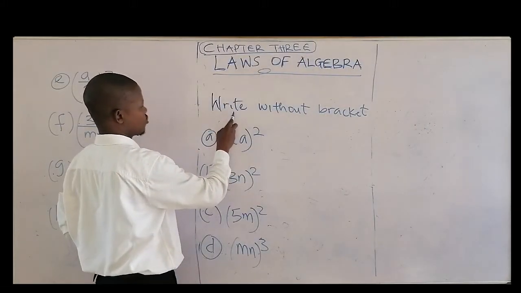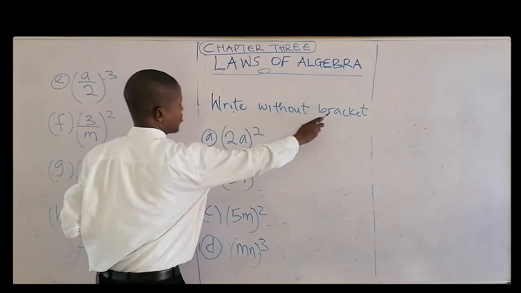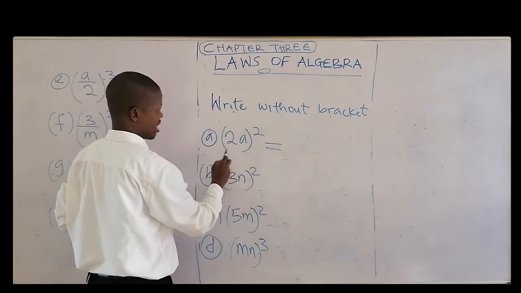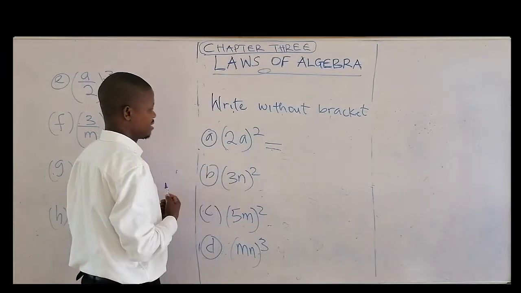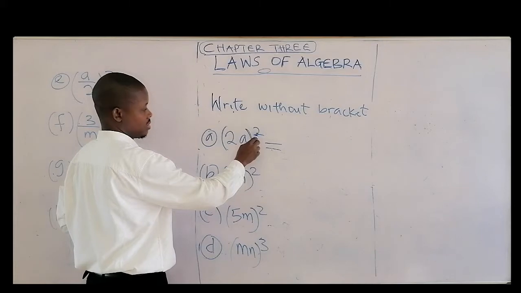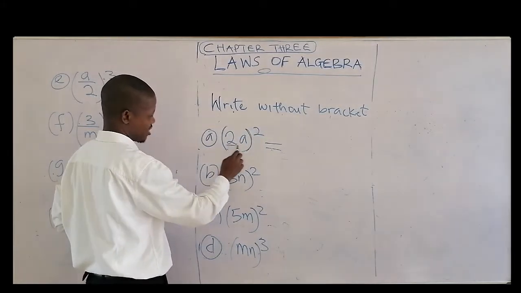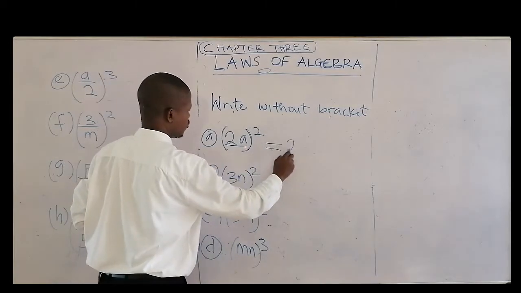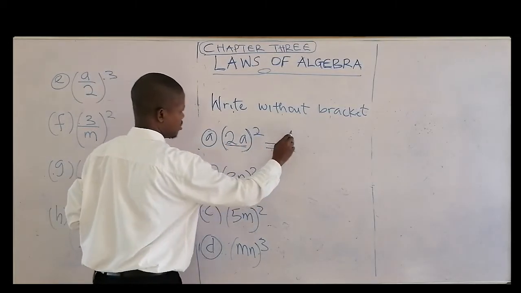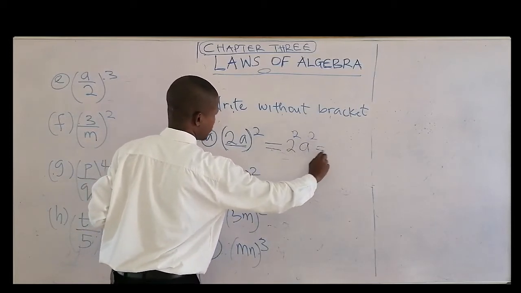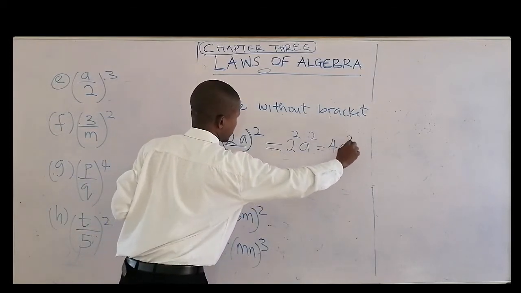We have this following question, without brackets. This is one of the laws which we have explained. This is an enclosure having power 2. So this power is going to affect the contents of the brackets. That will be 2 to the power 2, and then a to the power 2, and that will be 4a squared.